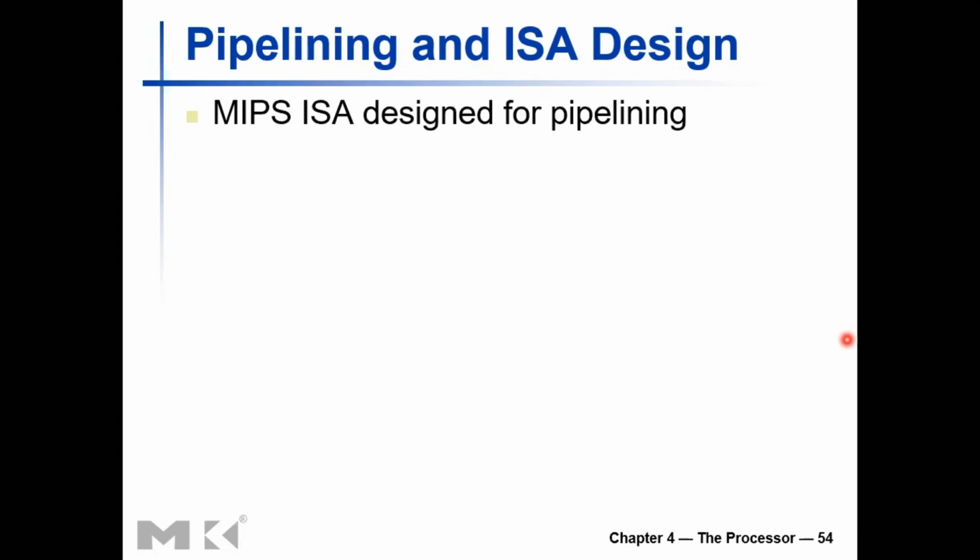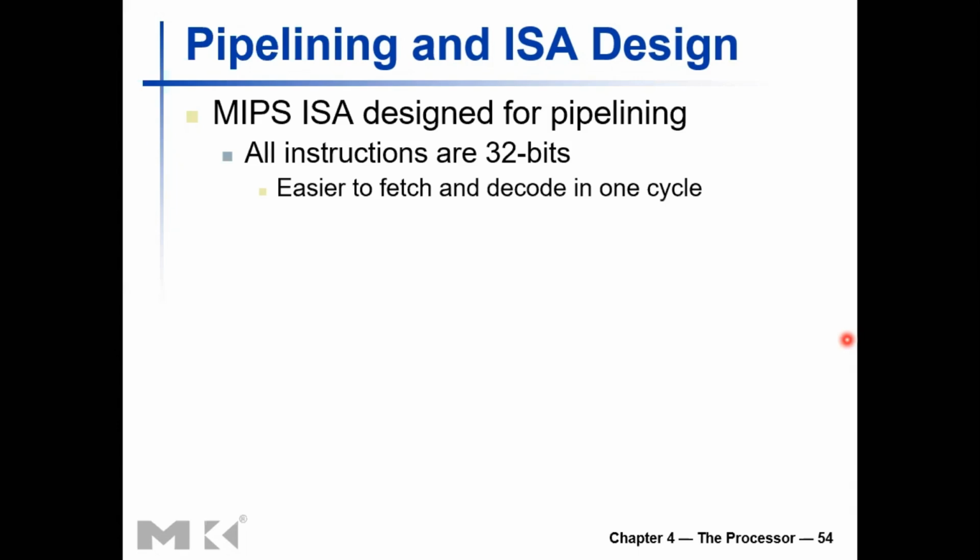So at the very beginning, when we discussed the MIPS ISA, we noted certain differences with the ARM architecture that we have looked at earlier. The idea of MIPS is that the ISA itself was designed for a pipeline implementation.